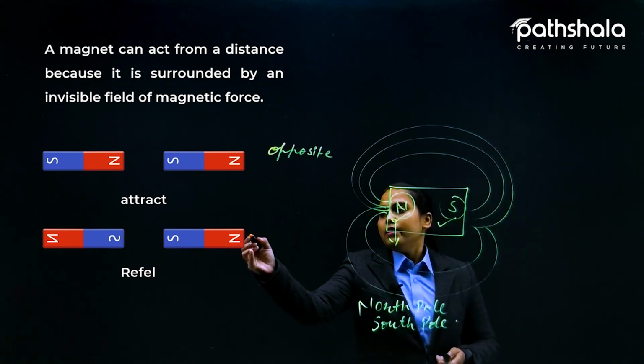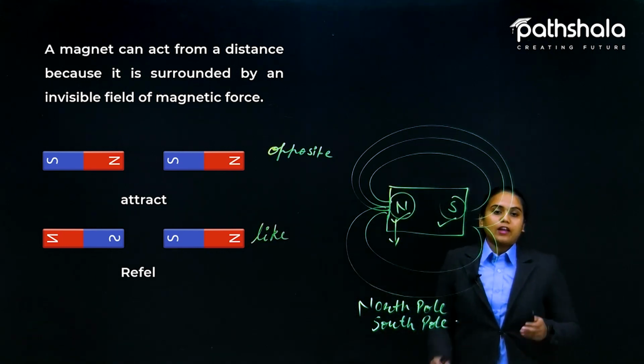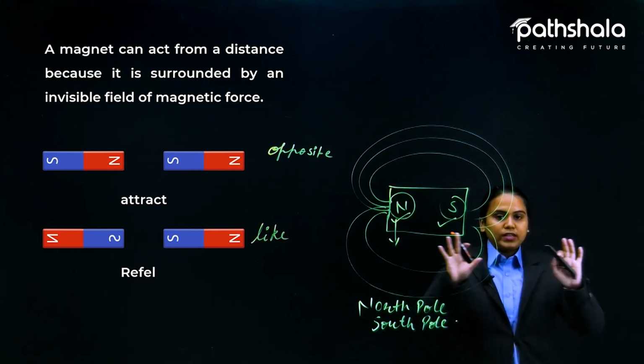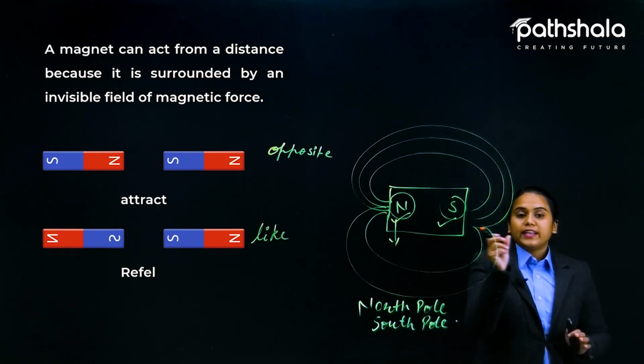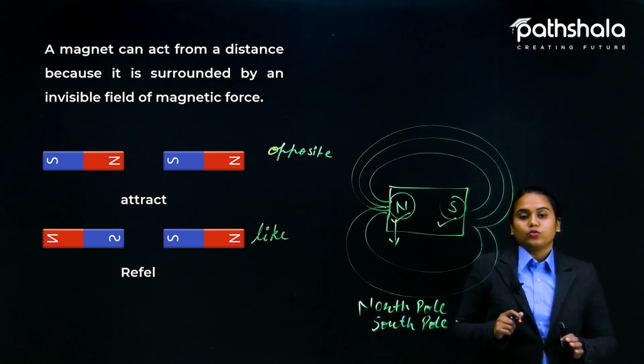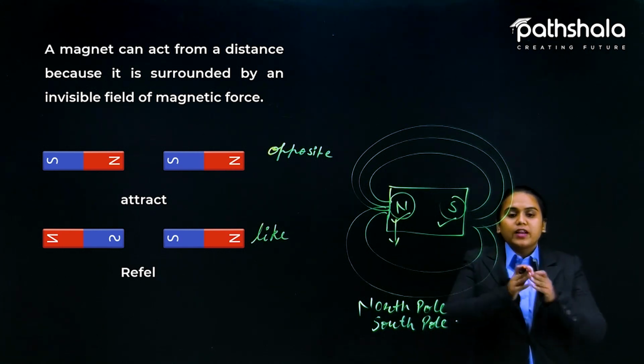And like poles, if they are facing each other, separate from each other. With your magnetic toys, you can see that sometimes they are attracting each other and sometimes they are repelling each other.